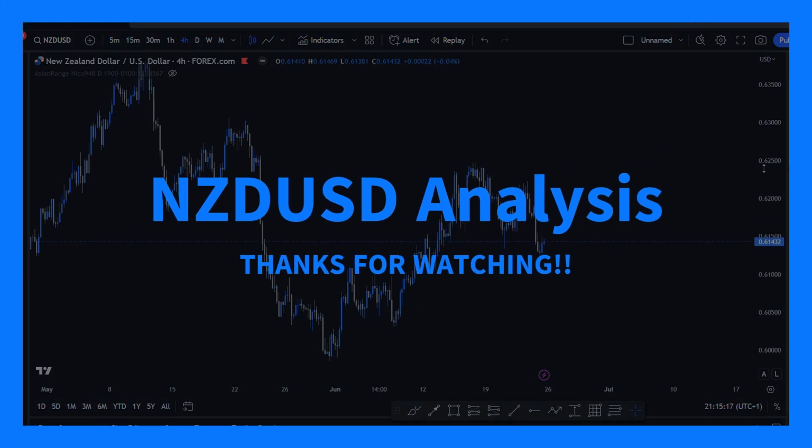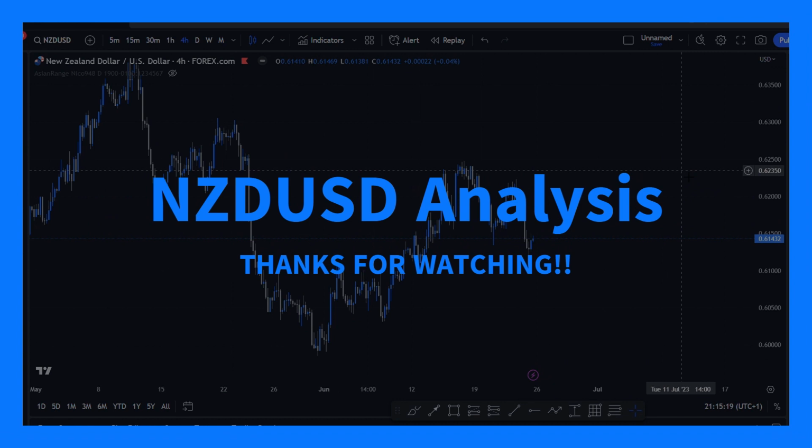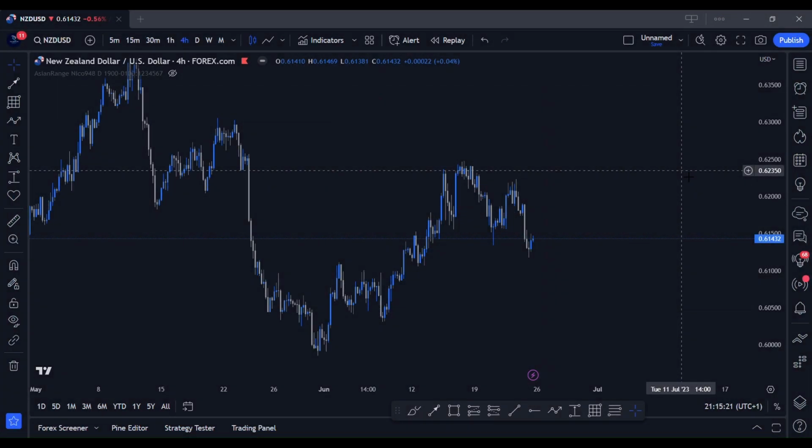Today, as I said, we're just going to go through some fundamentals and technical analysis of NZD, which is New Zealand against the US dollar. Before we get into the charts, I normally tend to look at the fundamental side and understand what positions are being taken by institutional traders, the guys that are really shifting and moving the market.